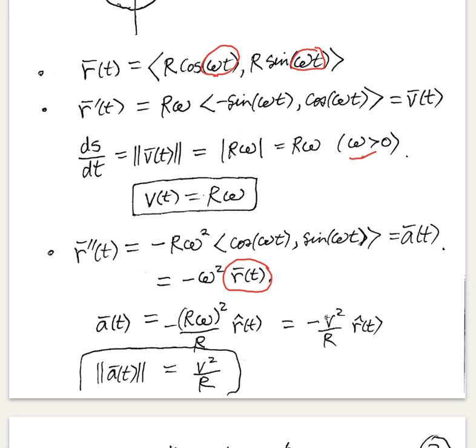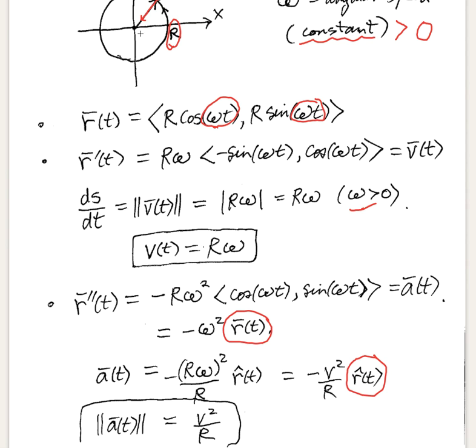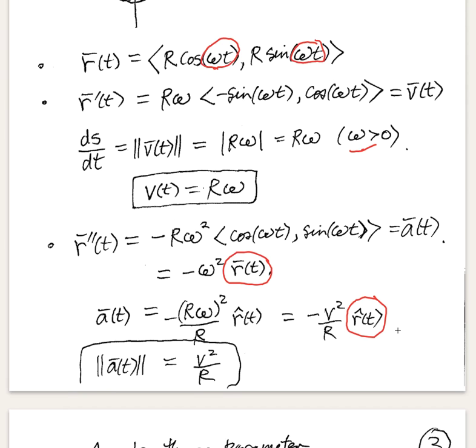Okay, notice that I've got v here then with no bar in it. That means speed. And I've got negative v squared over r times what? The original direction vector that was pointing outwards from the origin. But that's a unit vector. Notice the hat on there. Okay, because I want to look at the scalar here. Okay, now that's pointing inwards though because of the minus sign.